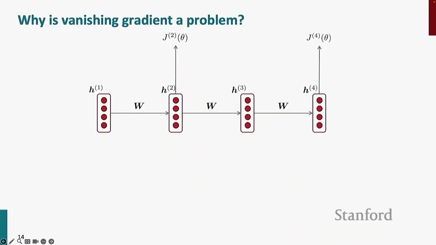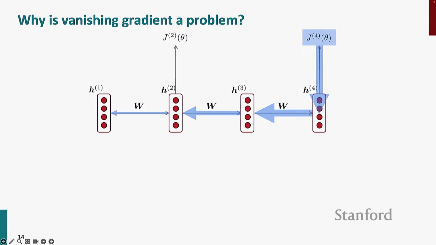So why is vanishing gradient a problem? In a sense, you could think it's not a problem. It's what should be happening, because all else being equal, the closest words are the most relevant ones, and so that's where you should be updating your parameters the most. To some extent that's true, but nevertheless, the vanishing gradient in this model happens much too severely.